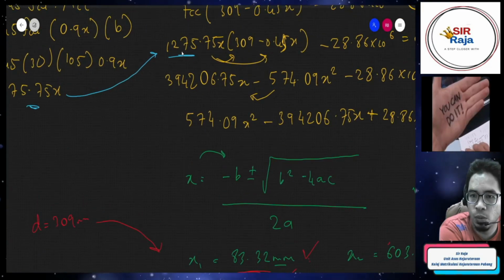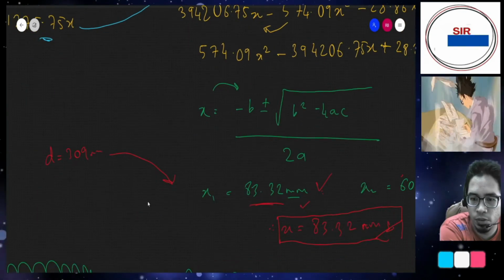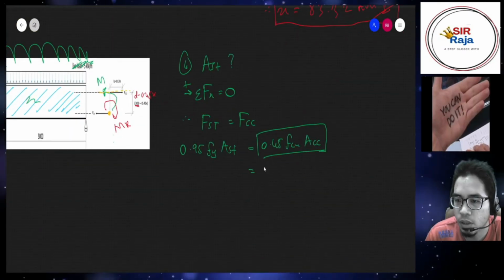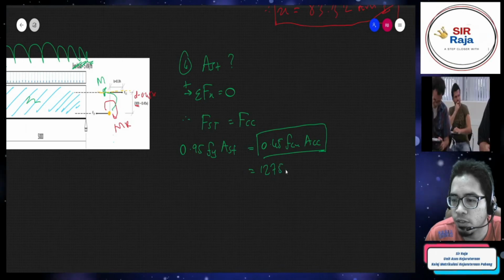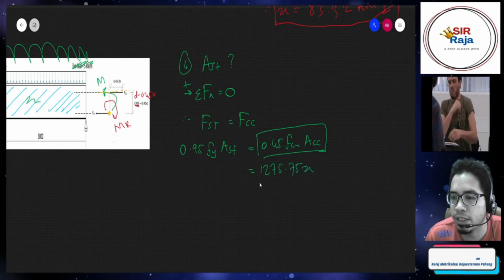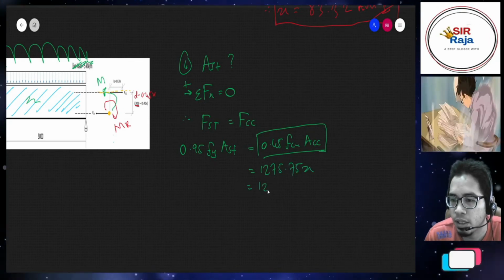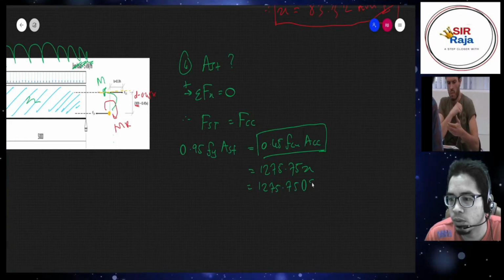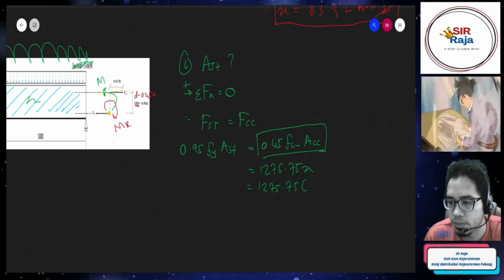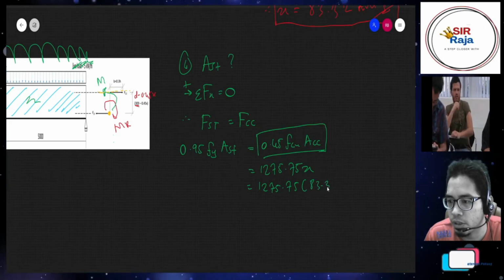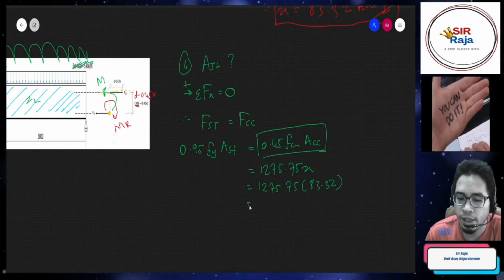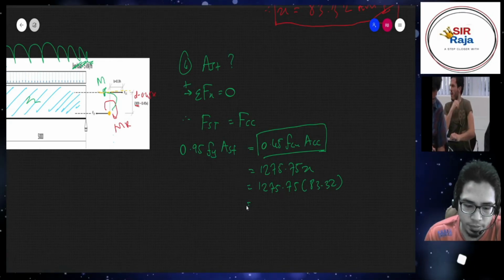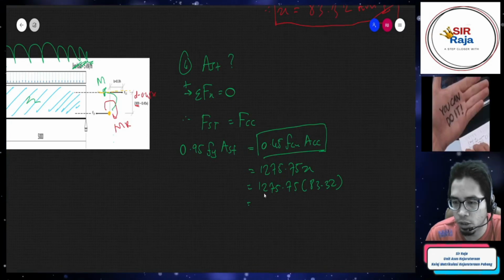So it's going to be 1275.75 times x, where x is equal to 83.32, right? And you can use your calculator.